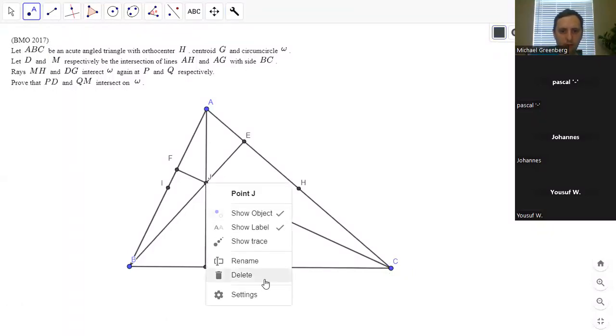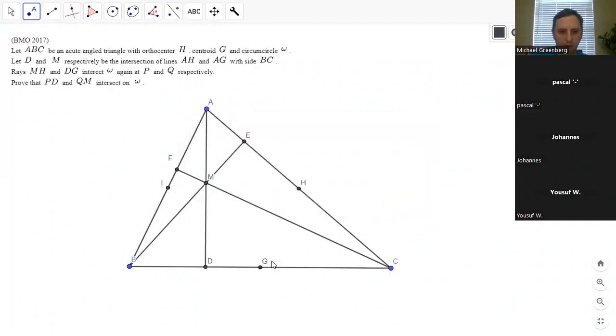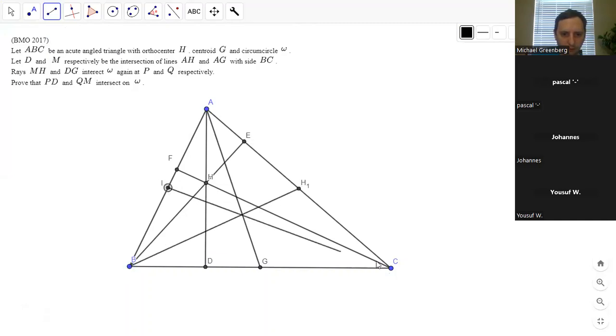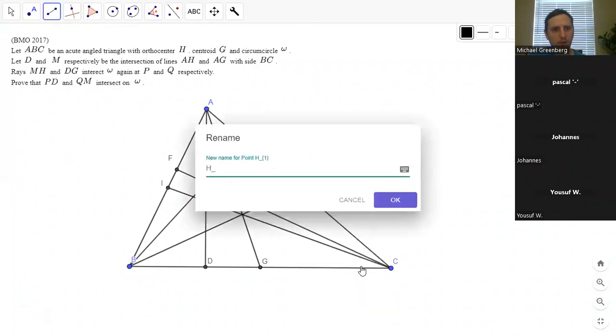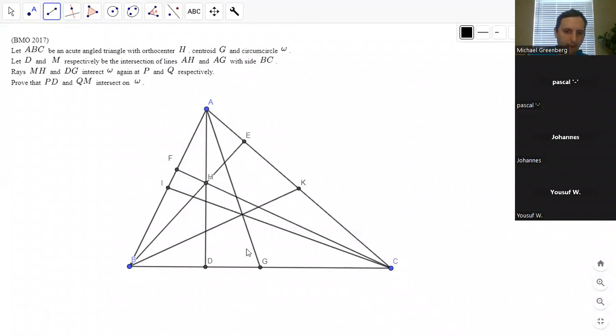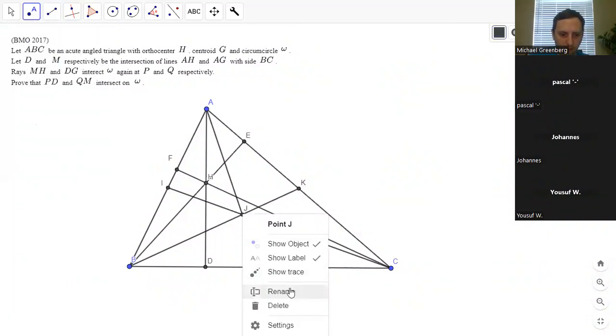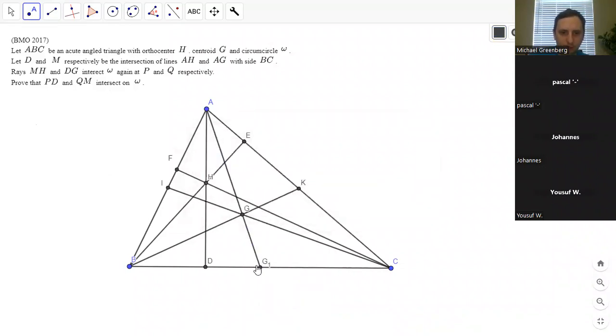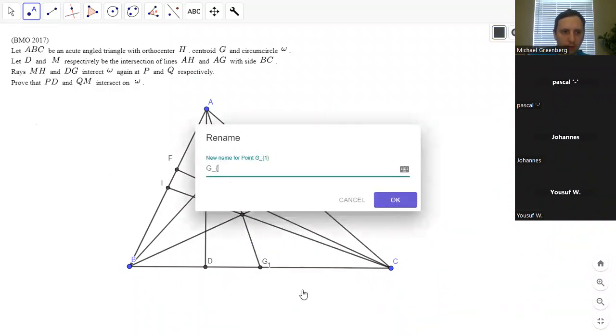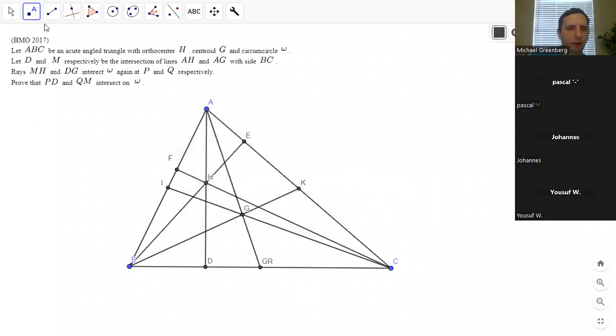So this is H. Let's draw the centroid. That would be G. So we're gonna have to rename some stuff right now. Let's call it K, and this should be G, and this we'll call R, and circle.